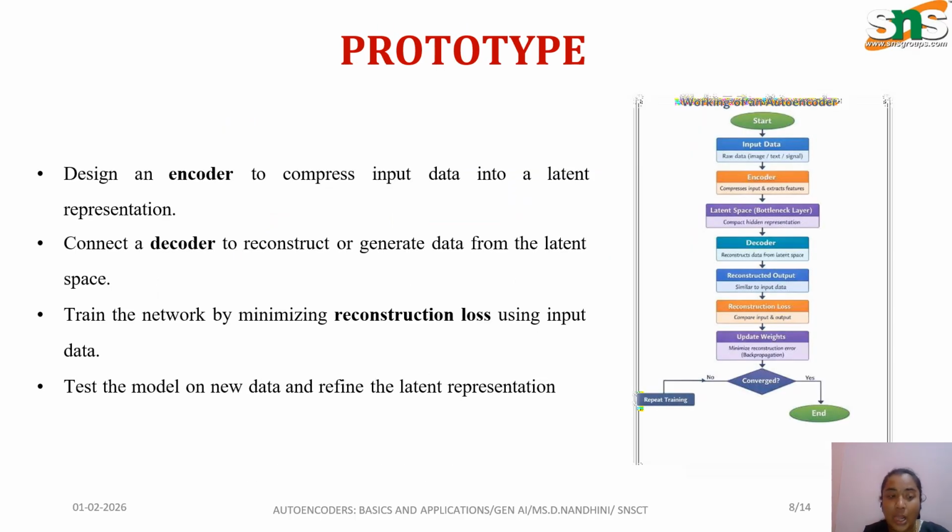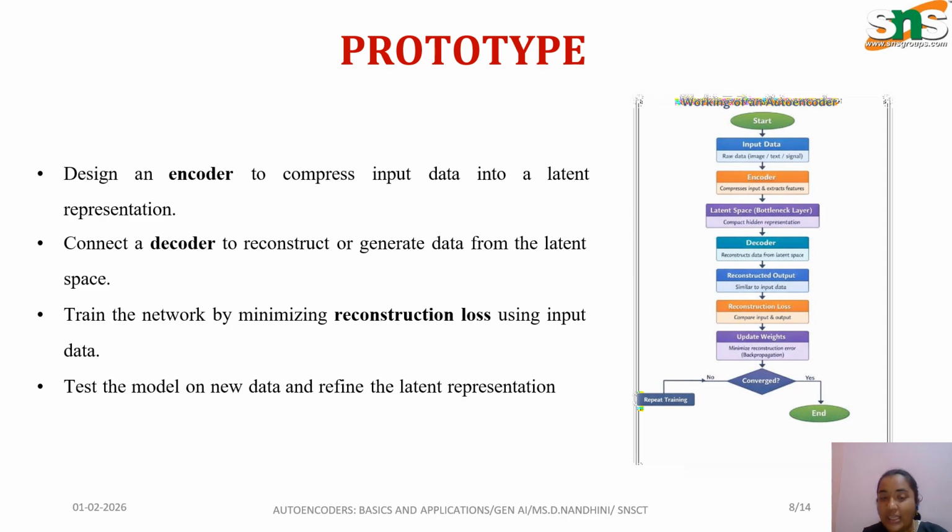Next one, prototype. Design an encoder to compress the input into a latent representation, which connects to a decoder to reconstruct the data from the latent space. Train the network by minimizing reconstruction loss using the input data, test the model on new data, and refine the latent representation.